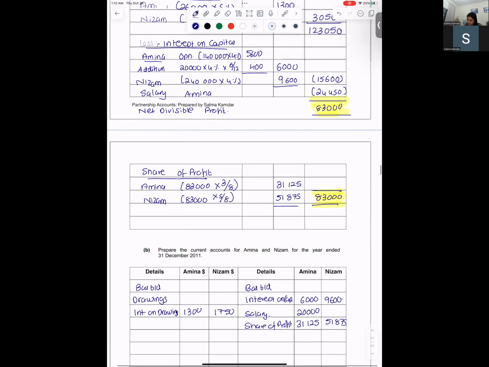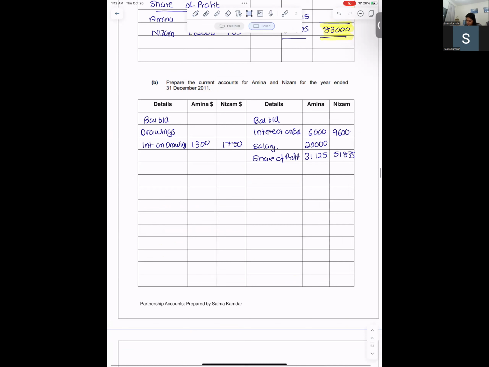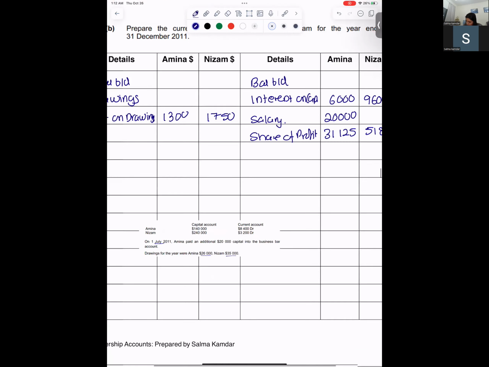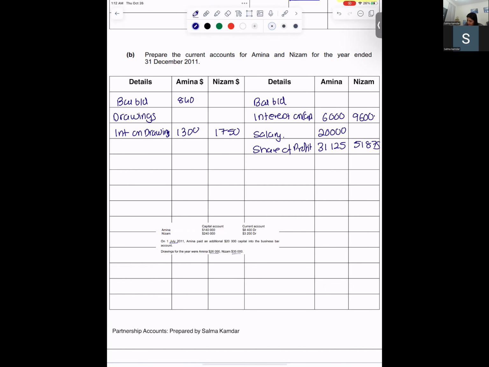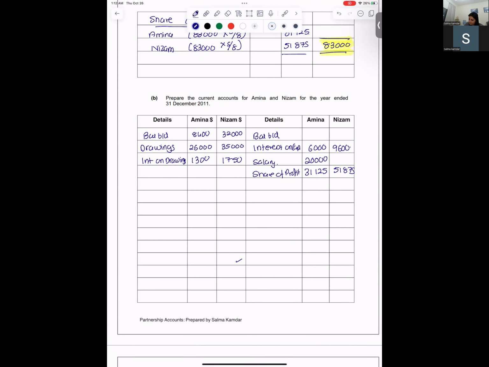Now I need the current account balance and drawings. Drawings is 26,000 and 35,000, and in the current account I have a debit balance for both of them: 8,400 and 3,200. Now I will close the current account one by one.